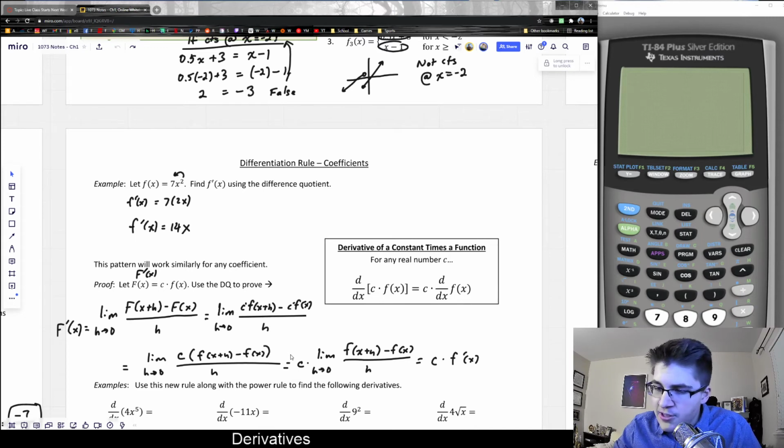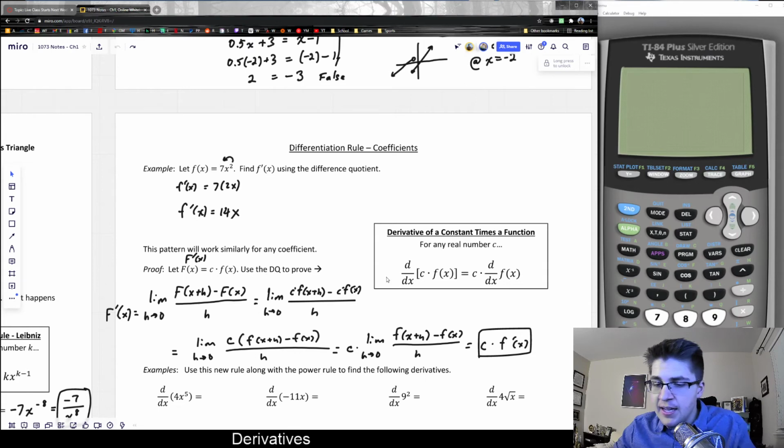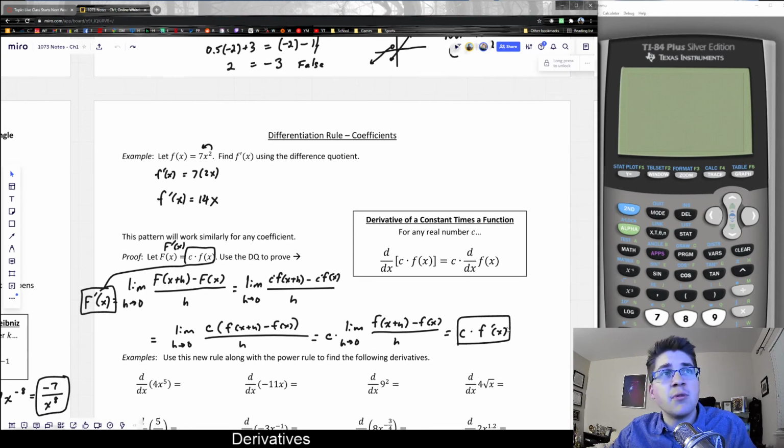So what I've just done is prove this exact rule: if I want to find the derivative of a function defined to be c times f of x, that's always equal to c times the derivative of the function on the inside. That's exactly what this rule is saying: the derivative of a number times f of x is just equal to the number times its derivative.